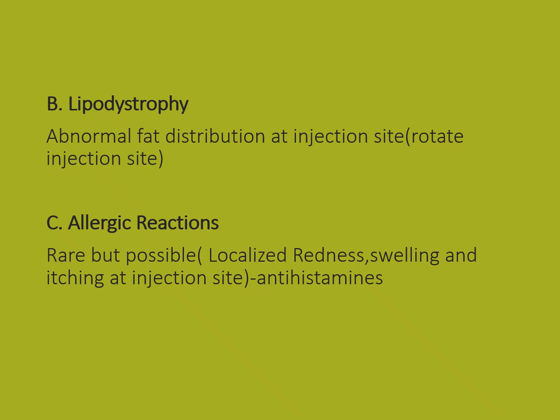Then the last one, we have allergic reactions, which are actually rare. They come with redness, swelling, and itching at injection sites, so this is usually determined as an allergic reaction. Antihistamines are given, and other options of insulin are also selected in order to prevent this phenomenon in the patient.